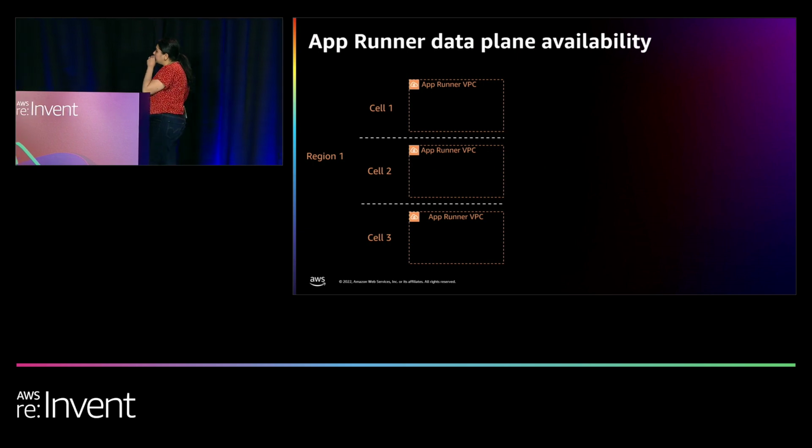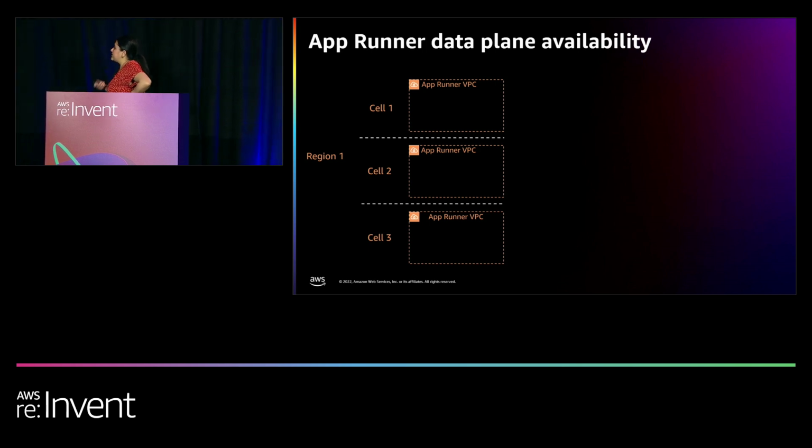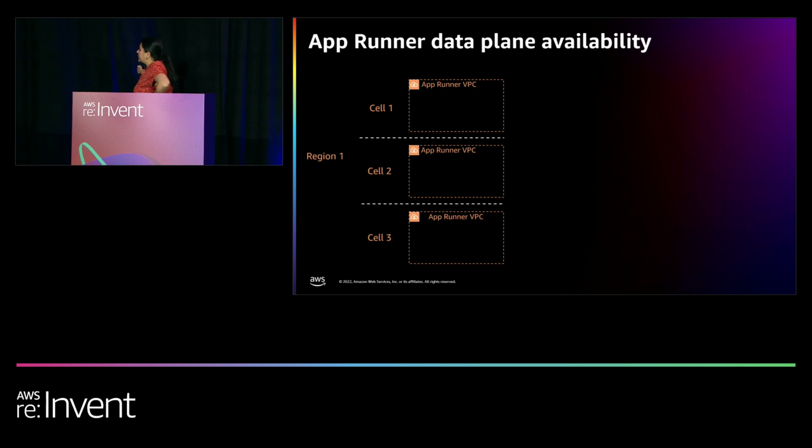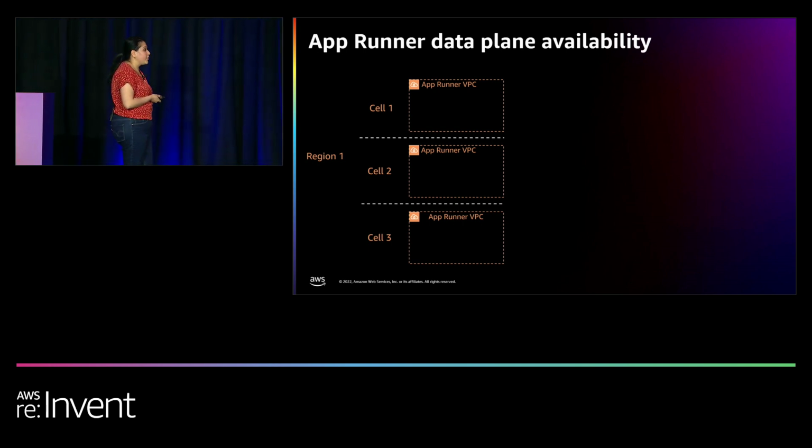The App Runner data plane availability. So with App Runner, it's a similar thread. It's cellular architecture with each component within the cell being striped across multiple AZs. So for the App Runner service VPC for a given region, we run multiple VPCs per cell.